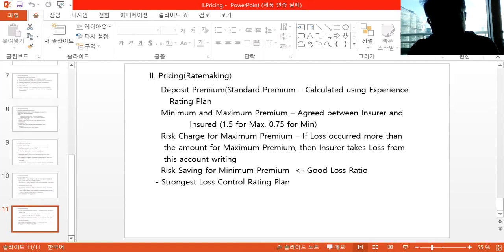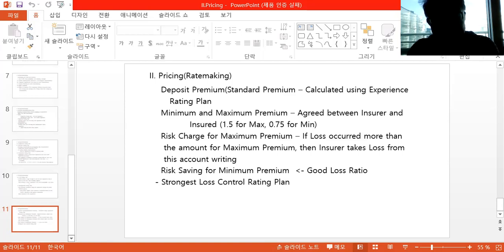If the loss ratio is lower than the minimum premium equivalent loss ratio, then the insurance company gets extra money on that, so you return it to your insured. It's called the risk saving. So the actual charge is going to be the risk charge minus the risk saving. This is one of the parameters you set up to use the retrospective rating plan.